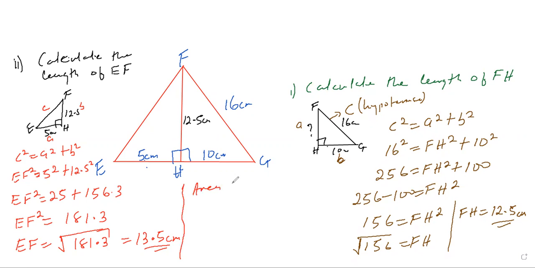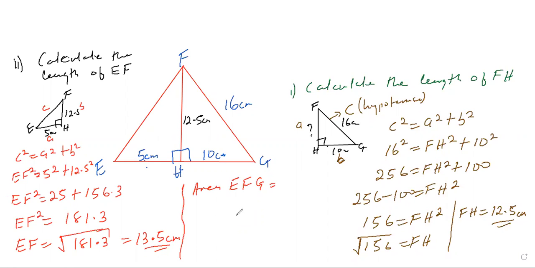Now, what's the formula to find the area of the triangle EFG? Half times the base times the height, right?